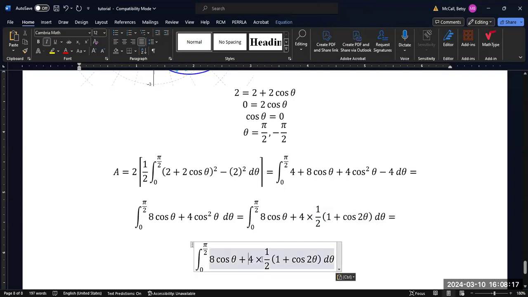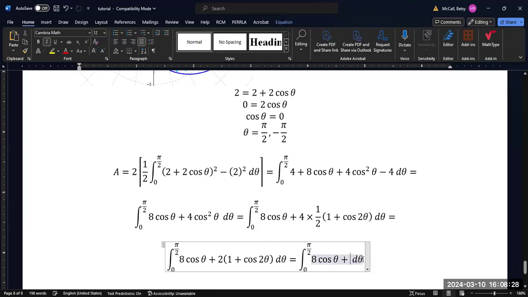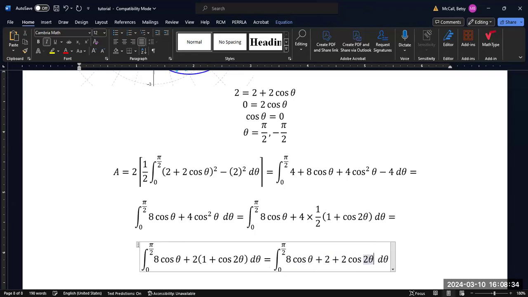And 4 times 1/2 will give me 2. And then if I distribute that, I'll get 2 plus 2 cosine 2 theta.